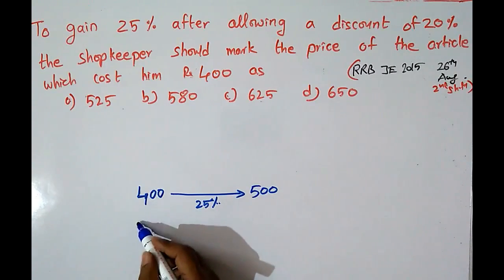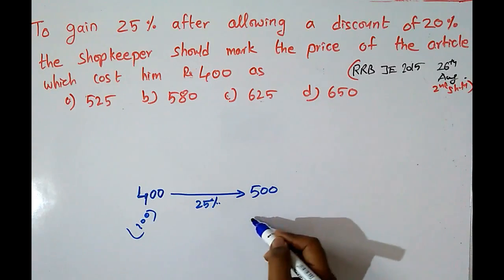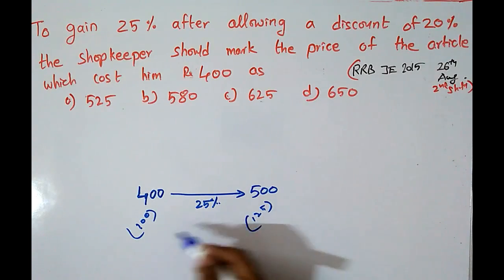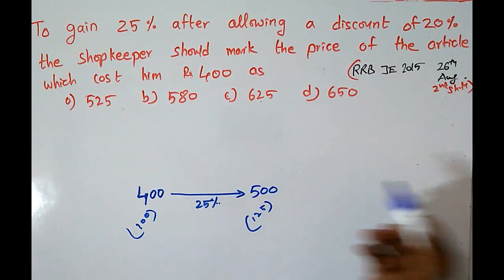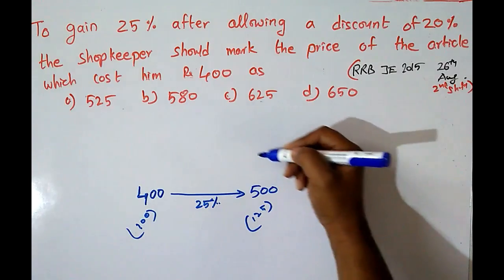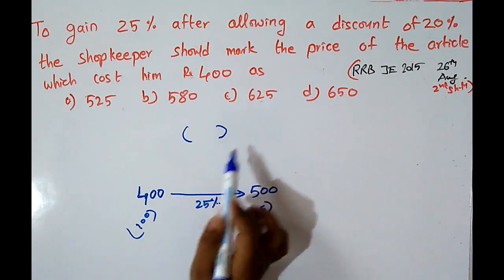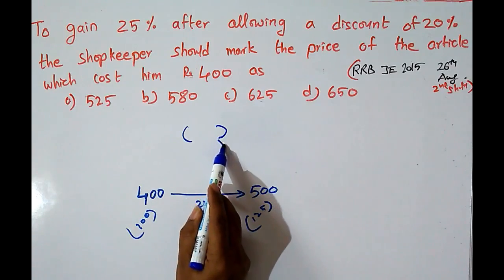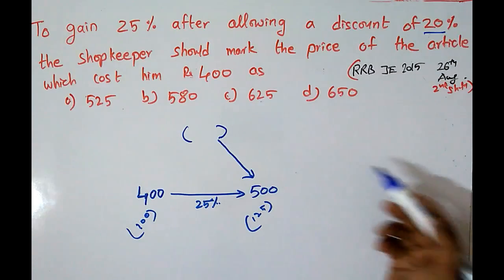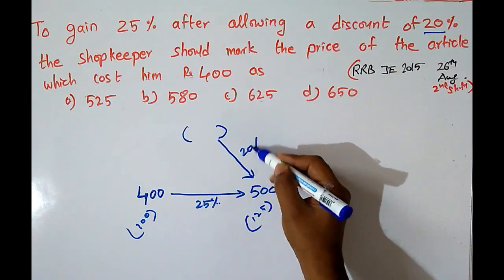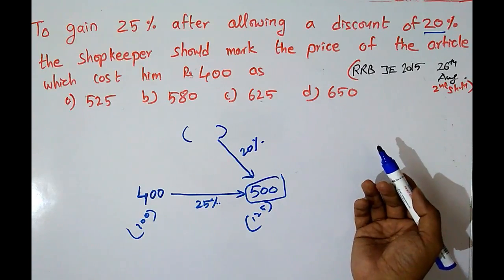If it is 100, it should be 125. 4 times 100, this is 4 times 125, it is 500. Okay friends, what should be the market price so that after applying 20% discount it should be 500? You have to find this.